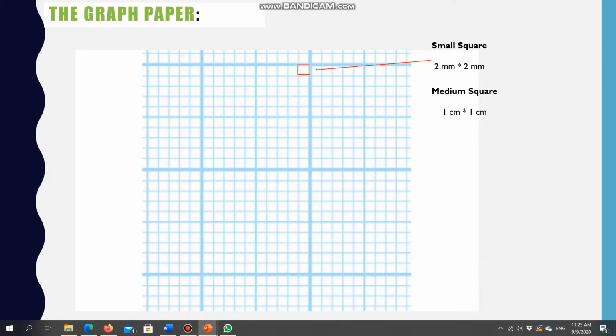Next, we have a medium square, which is 1 cm by 1 cm. And lastly, we have the large square, which is 2 cm by 2 cm. These measurements are important when you are doing your scales.